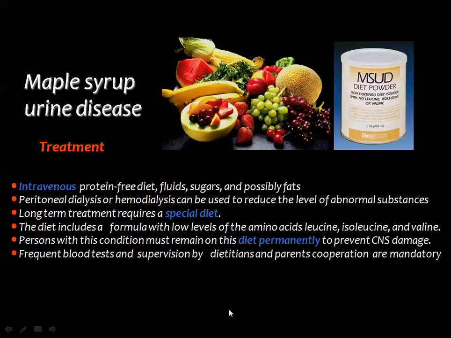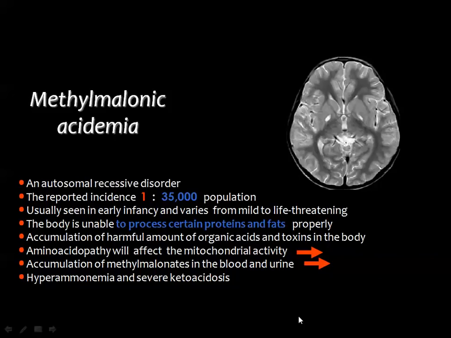And this lesion is treated by an intravenous protein-free diet and plenty of fluids, sugars, and maybe some fat. And this diet should be applied for life, and this will need some supervision by the dietitians, and the parents' cooperation is mandatory in order to prevent CNS damage if the patient does not stick to the dietary treatment.